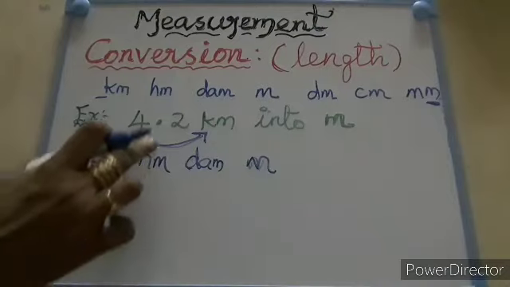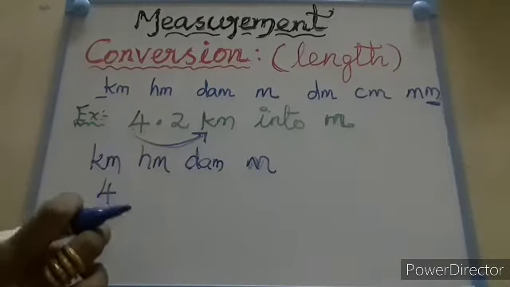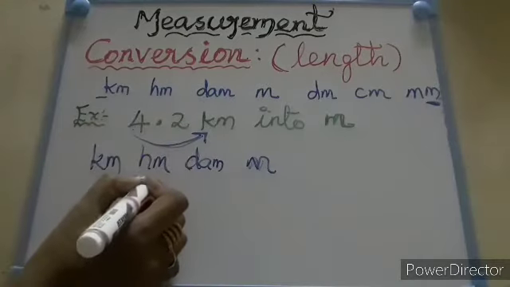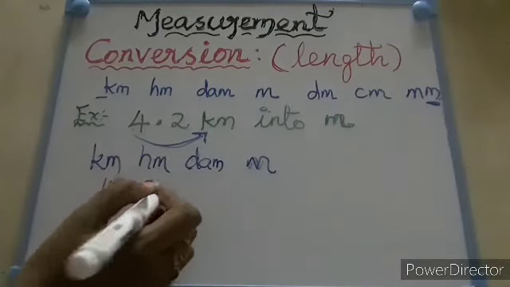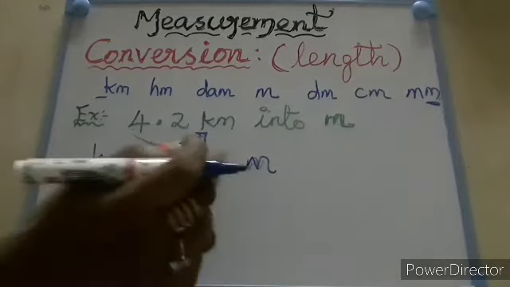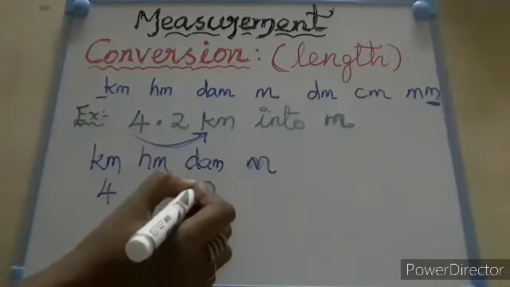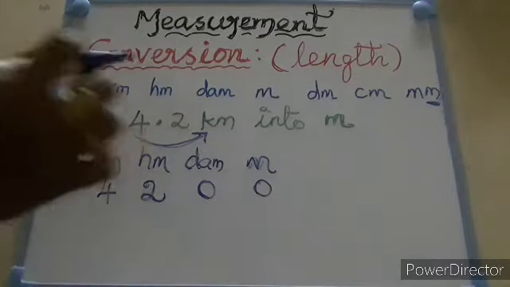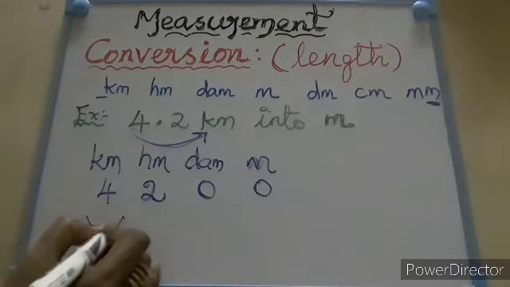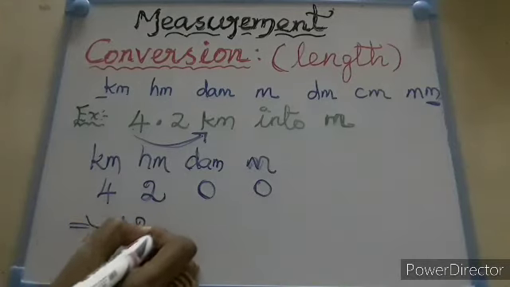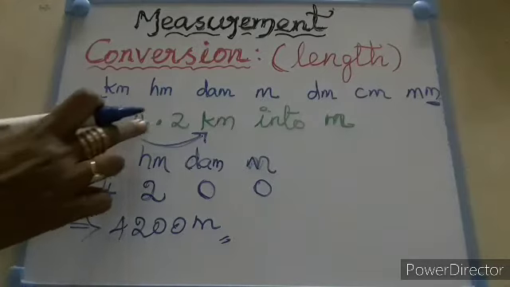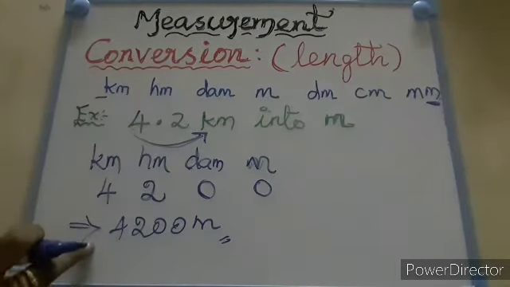After the point, what is there? 2. Am I right? This belongs to hectometer. There is no decameter and meter, so in that place you put zeros. So what is the answer? 4200 meter. So 4.2 kilometer is equal to 4200 meters.